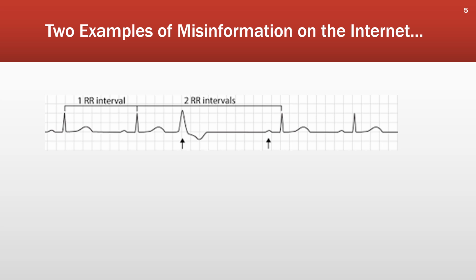They're measuring from QRS to QRS. This is not correct. Let me assure you, when we are trying to determine whether a compensatory or a non-compensatory pause is present, we measure P waves, from P wave to P wave. We do not, I repeat, we do not measure RR intervals.